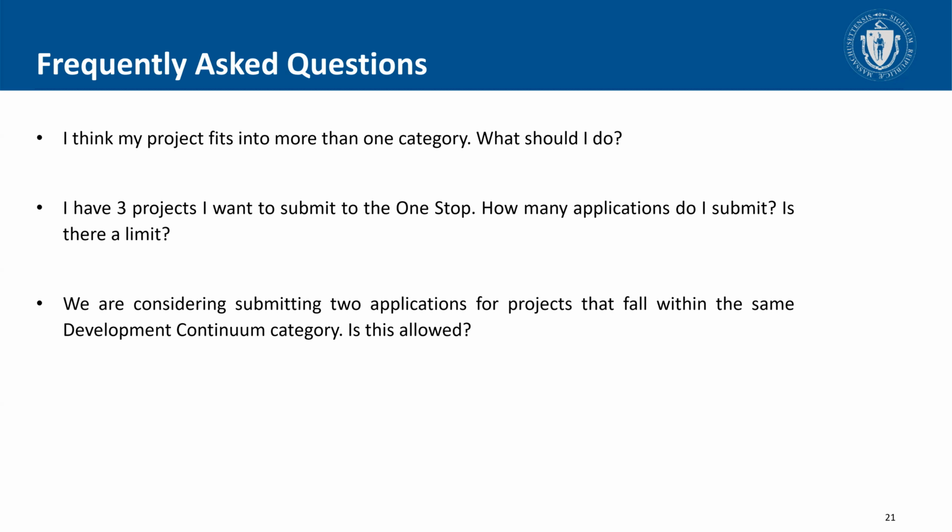What you'll find as you work through the application is projects that are housing or residential only will be reviewed by the Housing Works infrastructure program, whereas projects that are more mixed use or commercial in nature will be reviewed by MassWorks.